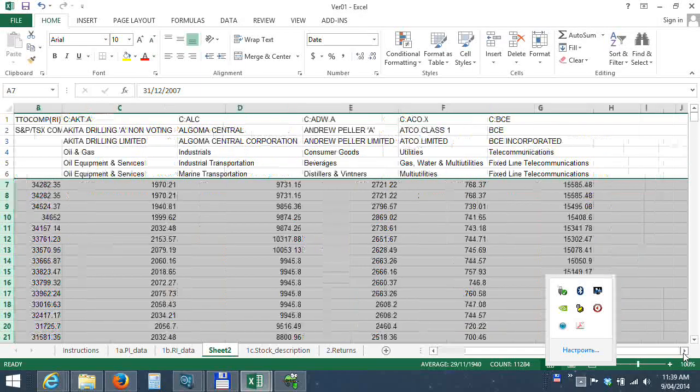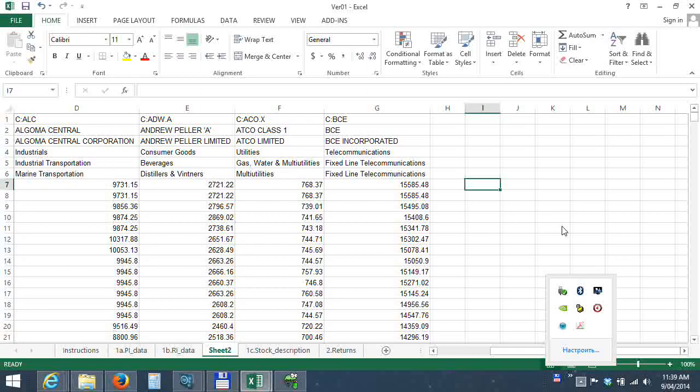And now I'm simply going to construct my returns. So I'm going to have my log returns on this part of the spreadsheet. Here is going to be my date, TSX index.